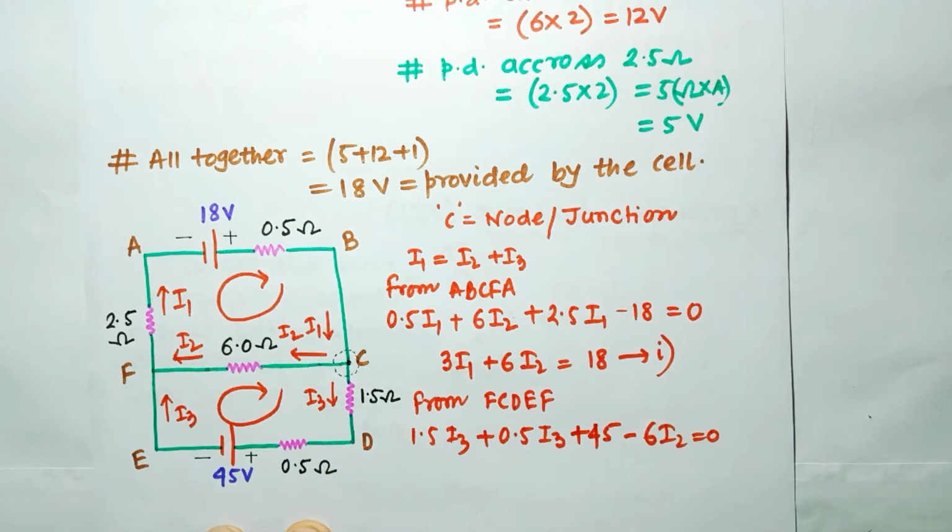So it becomes 2 I3 minus 6 I2 is equal to minus 45. So this is our equation number 2.